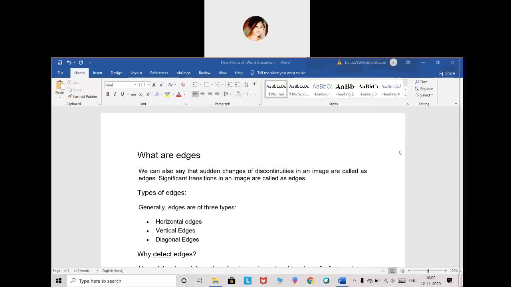And then we discussed types of edges. We have three types: horizontal edges, vertical edges, and diagonal edges. So do you remember what are horizontal edges?